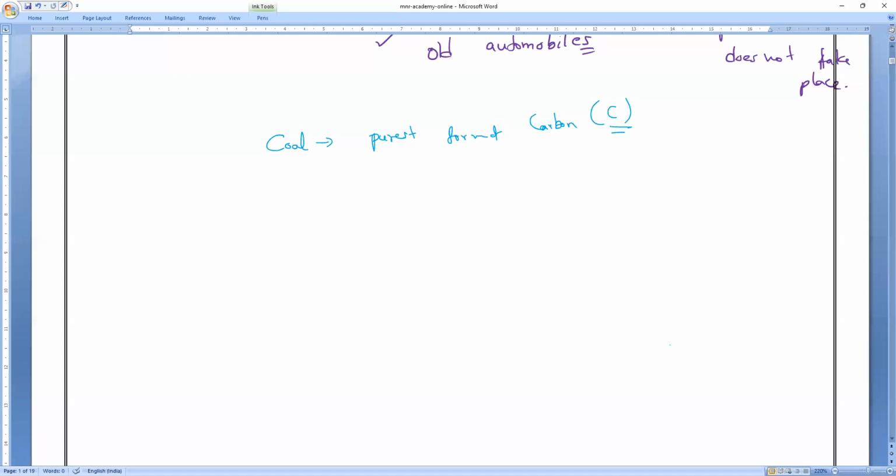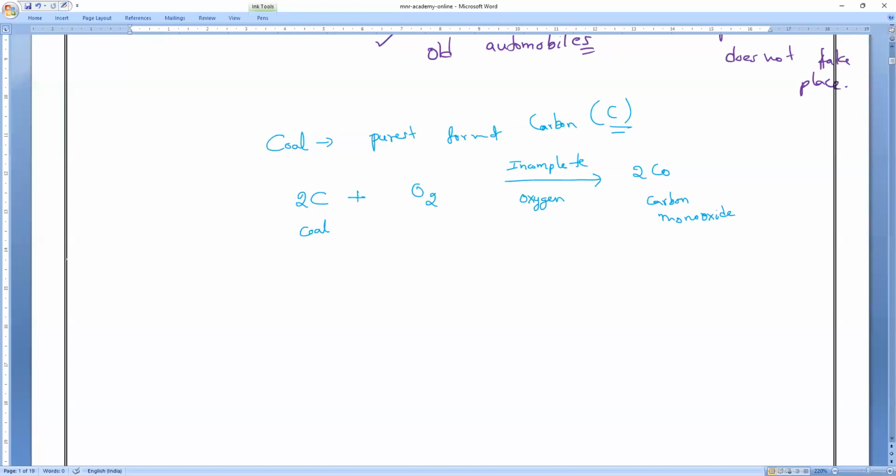C. If it is incomplete combustion, meaning no sufficient supply of oxygen, then it will also produce what, everybody? Carbon monoxide, the most dangerous gas. So balanced, 2C plus O2 gives you 2CO, carbon monoxide.